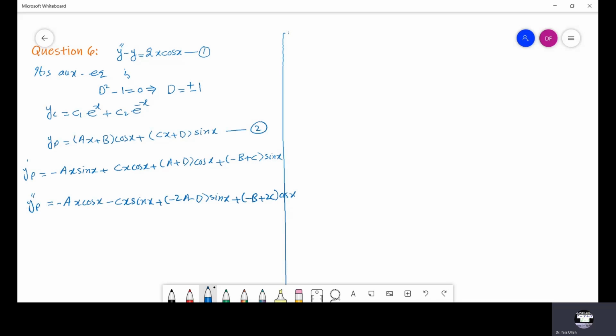And now let us put all these values in equation number 1.